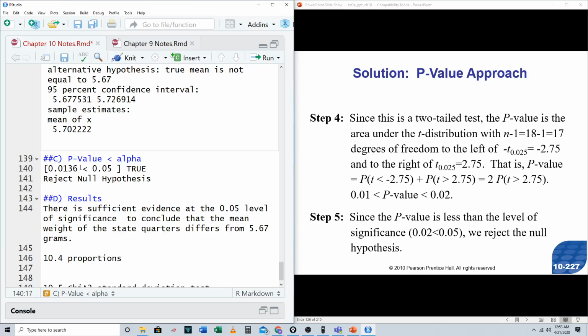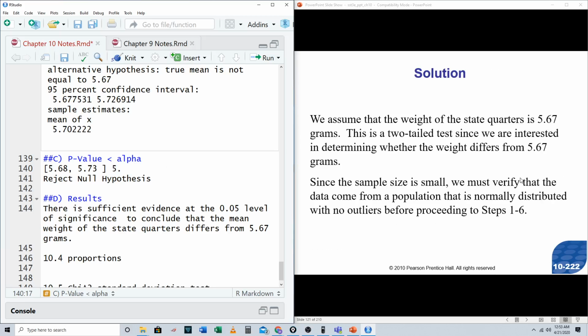5.68, rounded, comma, 5.73, and 5.67 is not inside the interval.